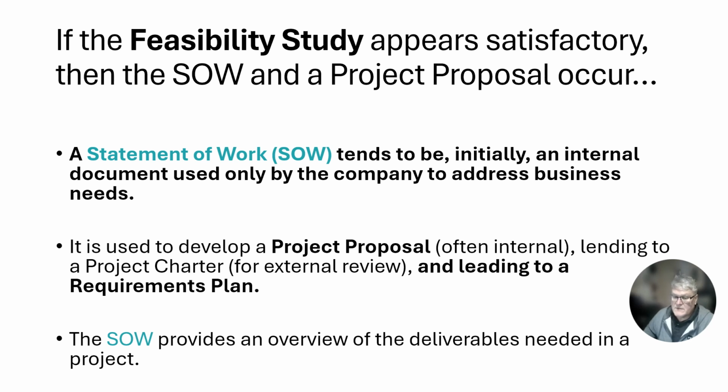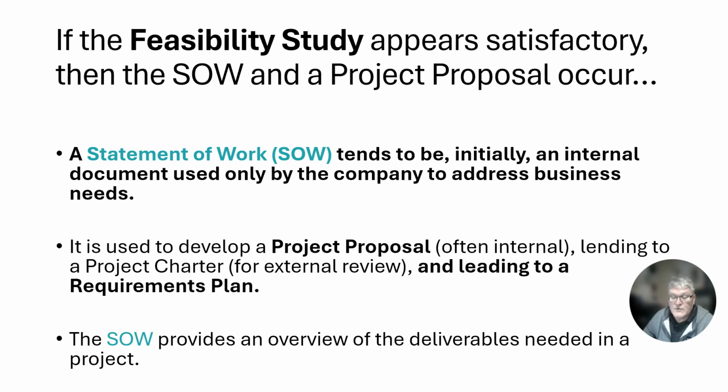Somewhere in a feasibility study, there needs to be a statement of work. That statement of work will be used to get the project charter going. It tends to be initially an internal document used only by the company to address the business needs. It is used to develop the project proposal.